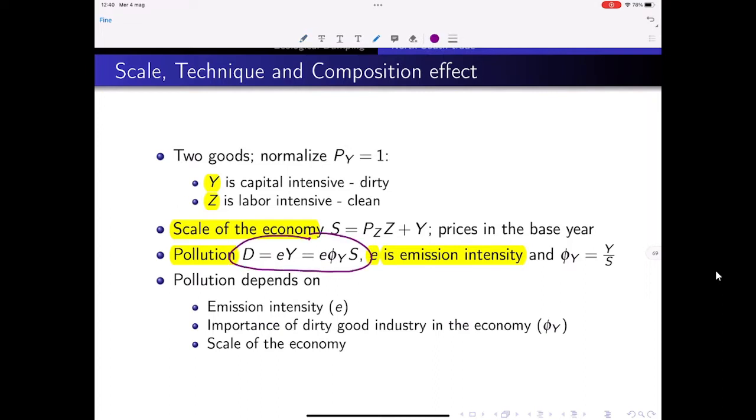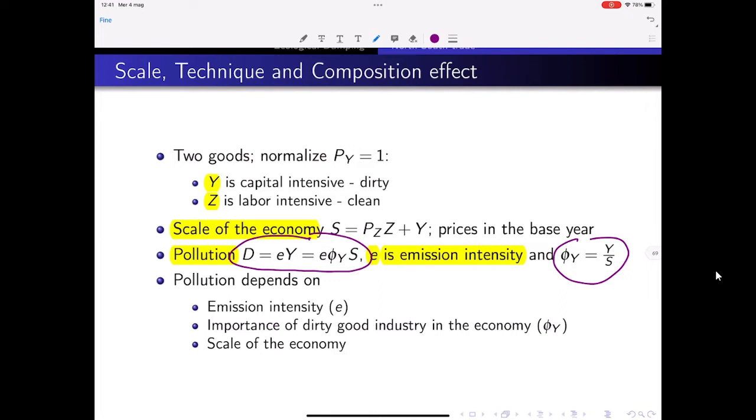Given the definition of the share of the polluting industry in the economy, which is my phi Y, I can rewrite pollution in terms of E times phi Y times S. I think it's quite obvious how this is. Is it clear?